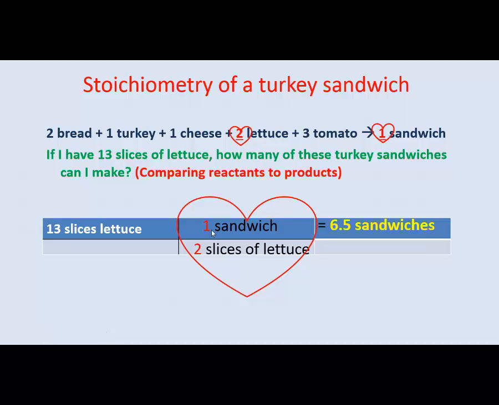So the maximum number of sandwiches I can make that are the perfect turkey sandwiches with the correct ratio of all the ingredients would only be 6.5 sandwiches. At that point, I run out of lettuce before I run out of anything else, we're assuming. So it's very useful to relate these stoichiometric ratios to one another to predict quantities of, let's say, a reactant compared to quantities of a product. I could relate these quantities of one reactant to another reactant as well, though.